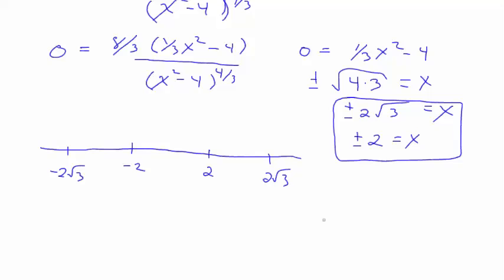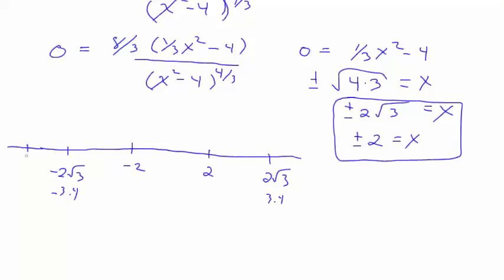But what exactly is that? 2 times the square root of 3 is about 3.46, so we know how to check our test points.